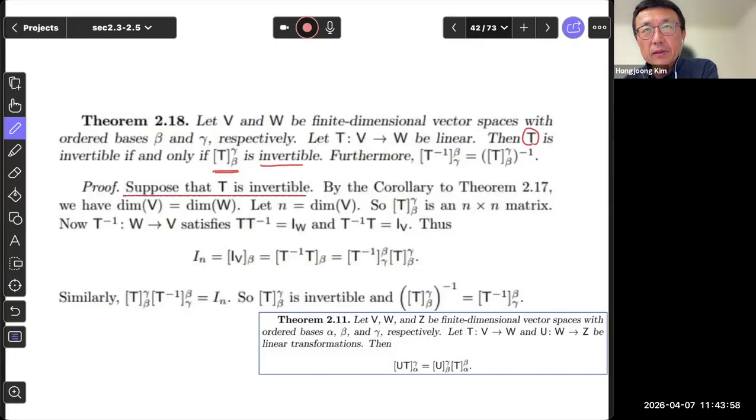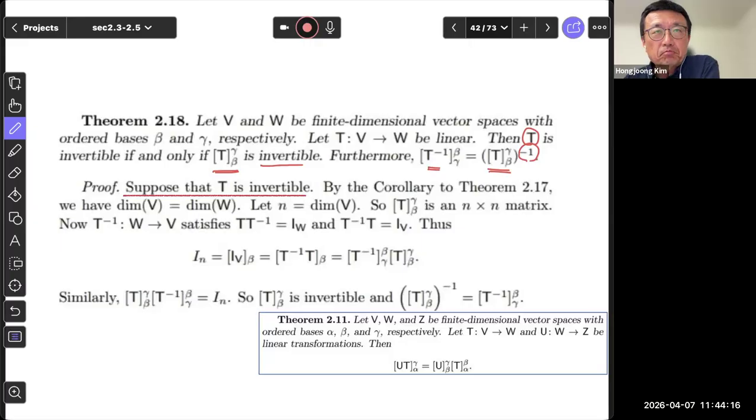Okay? And furthermore, the matrix representing the inverse of T will be the inverse of this matrix.